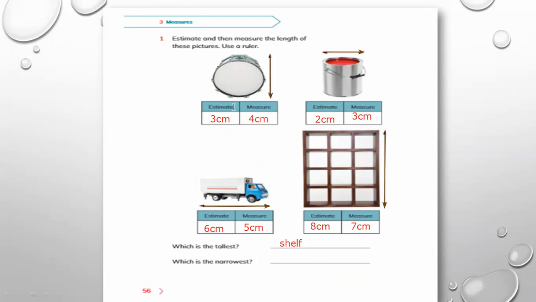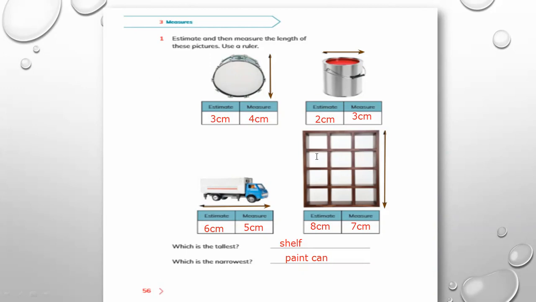We will say it is the paint can, or paint bucket. The paint can is the narrowest, and the shelf is the tallest. So that is your question number 1.